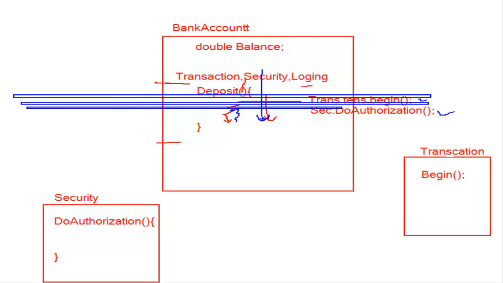They are services. Doing an authorization, writing into a log file, or starting a transaction, they are services. They have nothing to do with the actual business logic. So if you are writing it, they come in the middle, and most of the time those things will change.